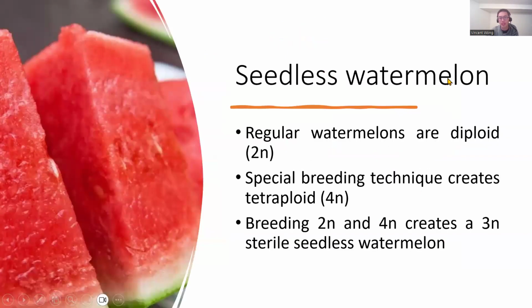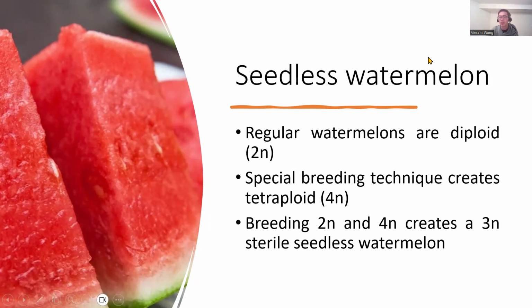So one of the questions that I was wondering growing up is how do they make seedless watermelon? The seed is needed to grow a plant, of course, but if the seedless watermelon has no seed, how do you grow more seedless watermelon?